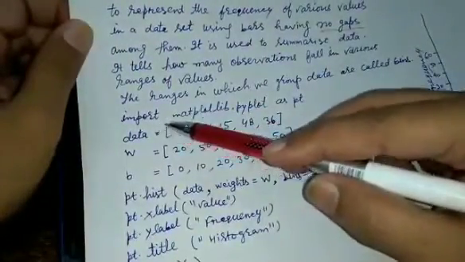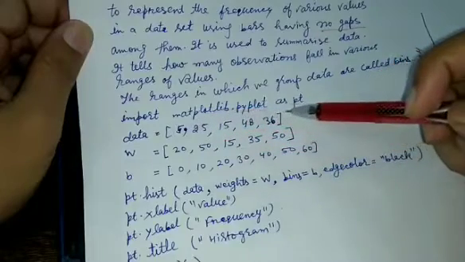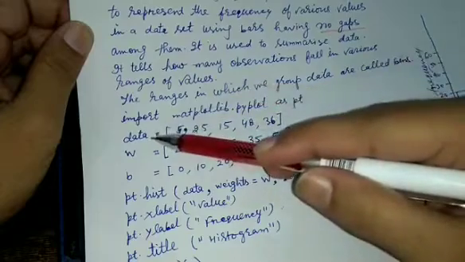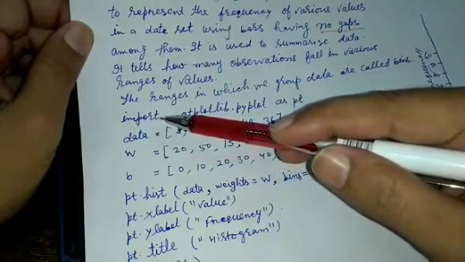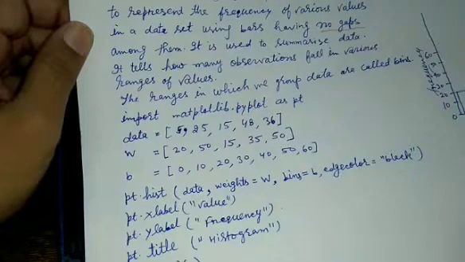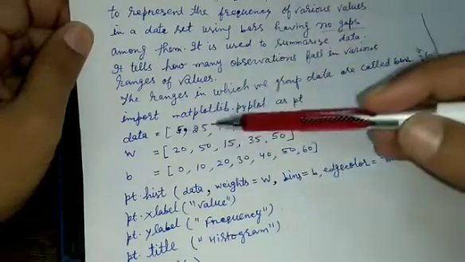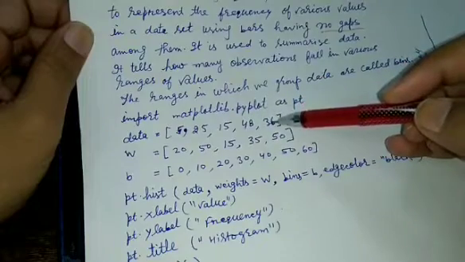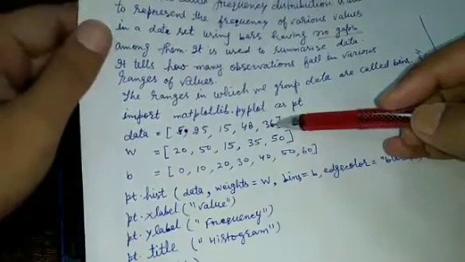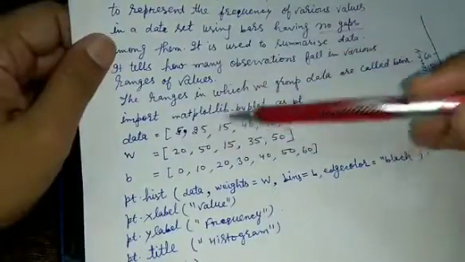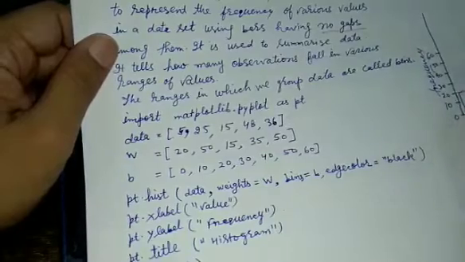Let's take an example. Import matplotlib.pyplot as plt. No need to explain this statement. Data means the frequency: 5, 25, 15, 48 and 36. And 20, 50, 15, 35 and 50 are the widths.